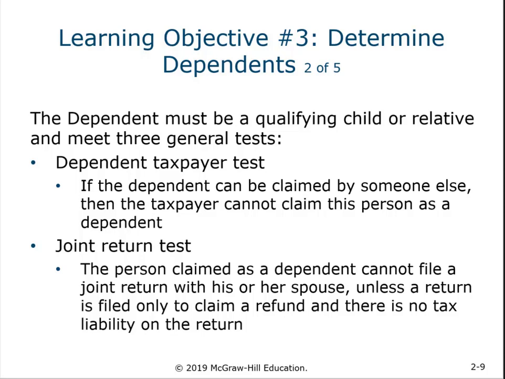However, if you are married and living back with mom and dad or grandma or something, you could be a dependent if your income is low enough that the only reason you had to file a tax return jointly with your spouse is to get a refund, meaning you did not have enough income that you needed to file based on the filing requirements. So your income is pretty low.